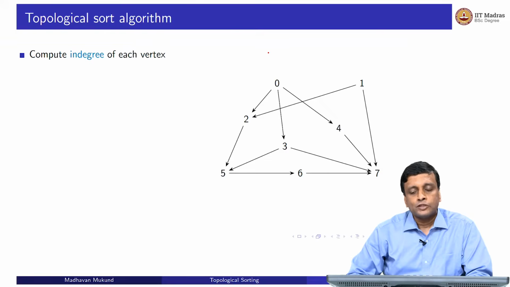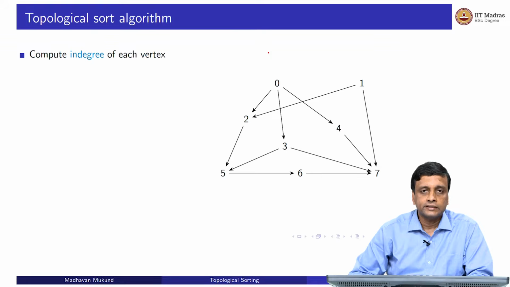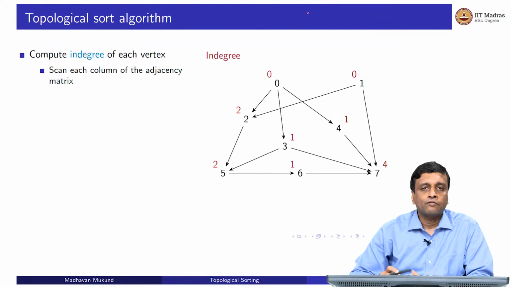To convert this to an algorithm, we first have to find this in degree 0 vertex. So we have to scan our representation of the graph and compute the in degrees of each of the vertices in the graph. If we do that by looking at, for instance, the adjacency matrix, we would look at the incoming edges. We would look at each column and count the number of edges pointing into a vertex i. If we are looking at an adjacency list, we can do it by looking at all the lists and, for every pair, counting the second item.